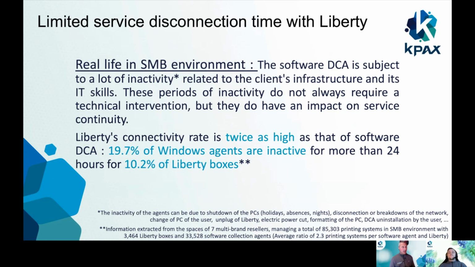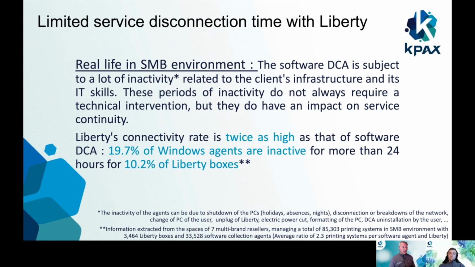To come back to the time of disconnection of the service, which has direct consequences on the feedback of information and therefore on the quality of the service provided to your customers, like technical alerts or delivery of toner cartridges.